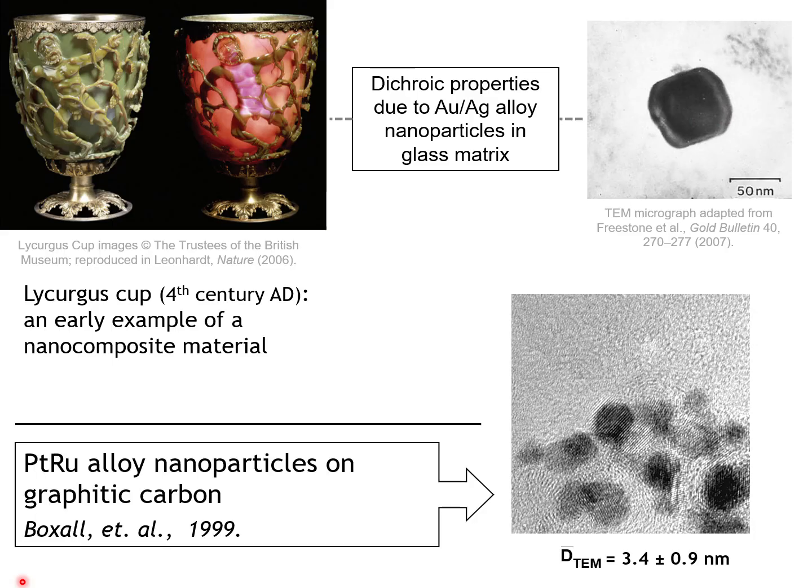Mine was to make platinum ruthenium particles, 1-to-1, on graphitic carbon. This picture in the bottom right is a transmission electron micrograph of my platinum ruthenium particles on the graphite. These dark blobs are the platinum ruthenium particles.